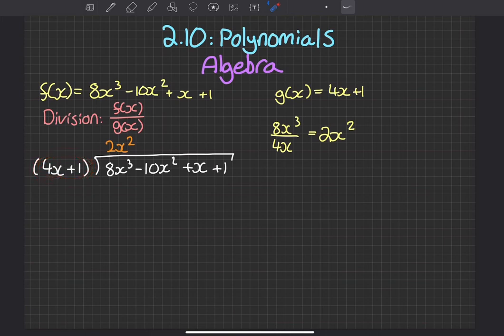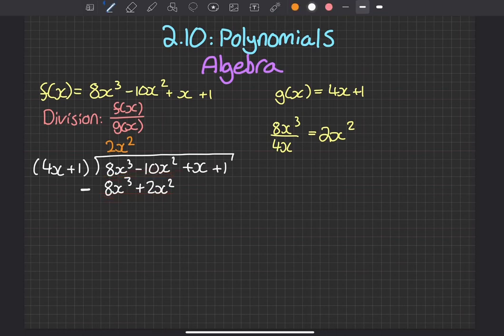And the next step is to take this number you just got and multiply it by everything in the g of x, okay? So when you multiply 2x squared by 4x, we already know that's 8x cubed. And 2x squared times 1 is 2x squared, right? We just put it here under the f of x. And what we do next is we subtract what we just got. We subtract this from this up here.